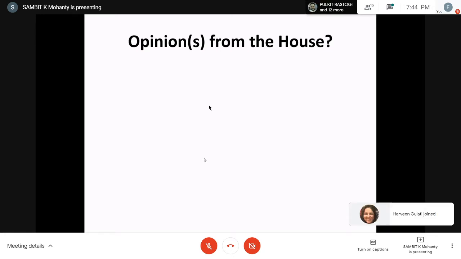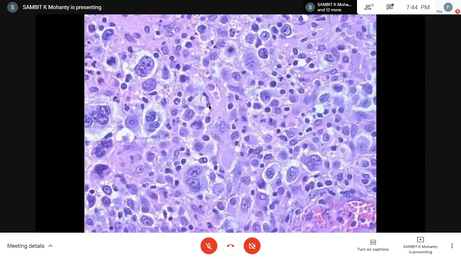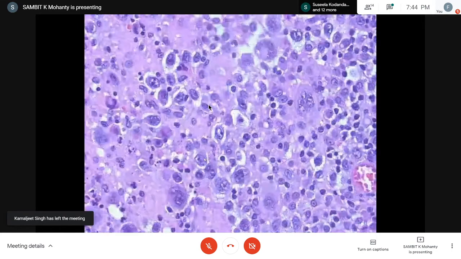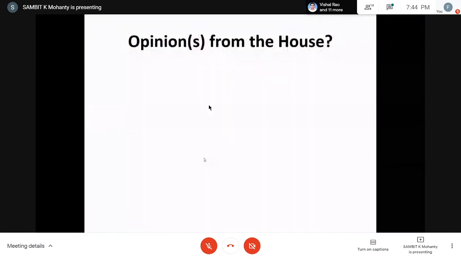So BCL2 definitely you will do. But in a classical Hodgkin lymphoma with this kind of histology, we do go for a BCL2. If CD30, CD15, and CD45, PAX5, they're all behaving in the right way, would you not go for a BCL2? But with this kind of thing, you'll probably go for a BCL2. Yeah, definitely for these follicles.